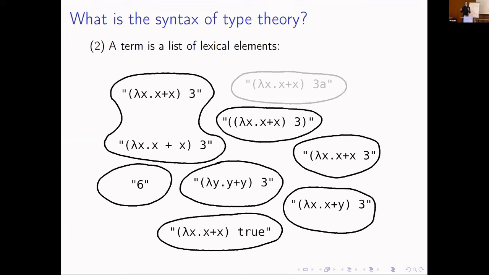Only those lists are proper terms which are built out of these lexical elements. The one which had the 3a in it, which is not a lexical element, is excluded. That's why it turned gray. And because spaces are not lexical elements, they don't matter, so these two strings became the same. Viewed as lists of lexical elements, these are exactly the same terms. There's no difference between them.